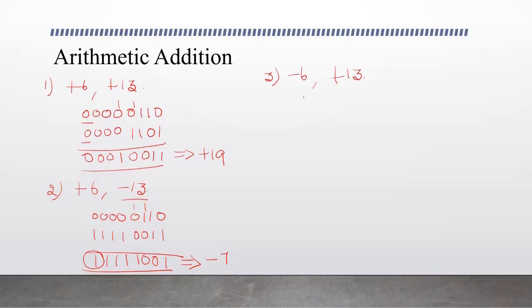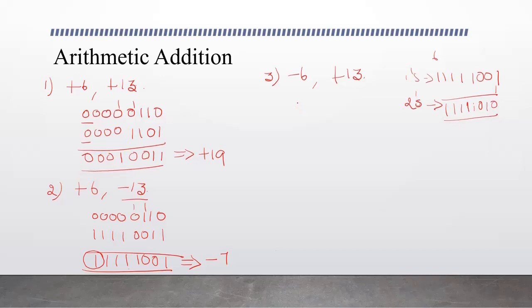Now 6 needs to be 2's complemented. 6 is 0 0 0 0 0 1 1 0, and when we complement the bits, it is 1 1 1 1 1 0 0 1. That is the 1's complement of 6. And the 2's complement is, we add 1 to this, 1 0 0 1 1 1 1 1. So this is the 2's complement of 6.